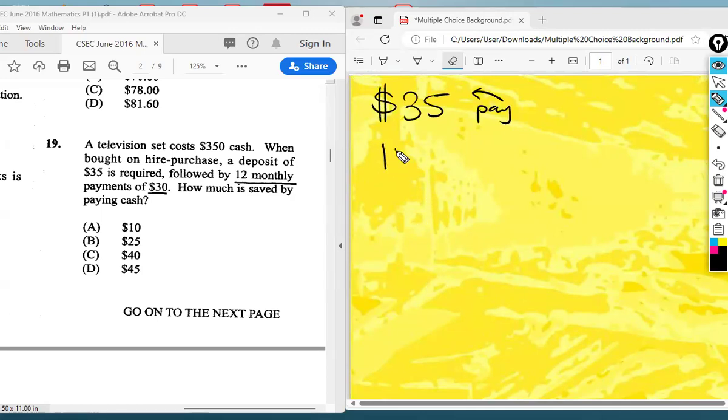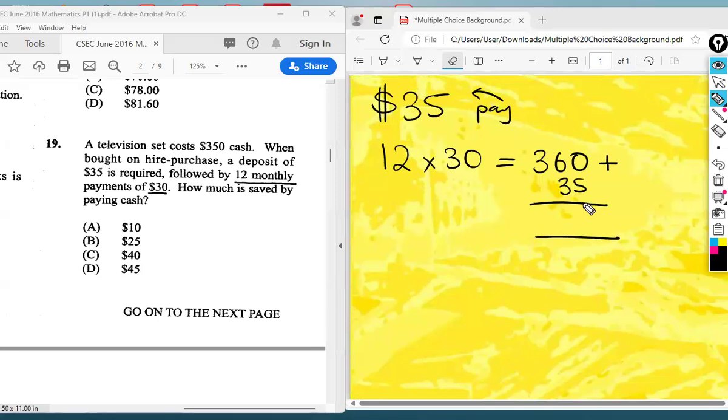So take the 12 months multiplied by 30. 12 by 30 is 360. How much did you pay now? Now remember, it's 360 plus, you can't forget that $35 you put down earlier, right? Most people do, but you're not supposed to. You'll get how much money here? 395. Now, this is with the hire purchase plan.